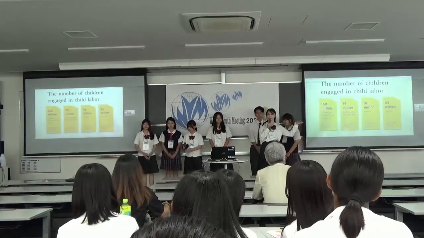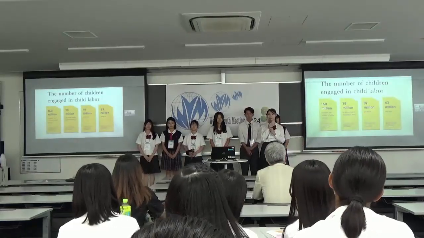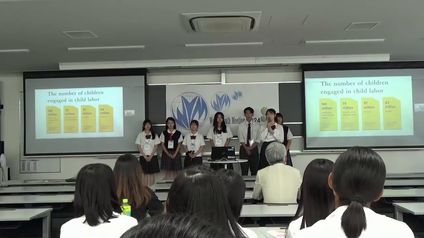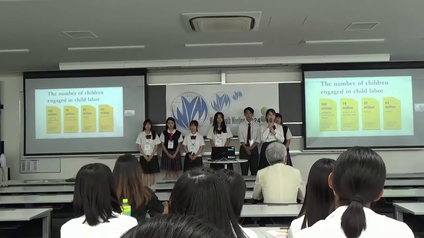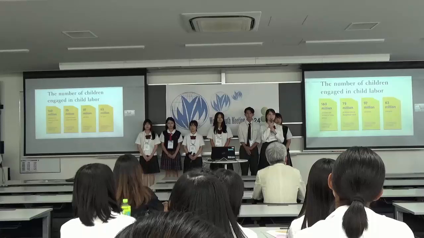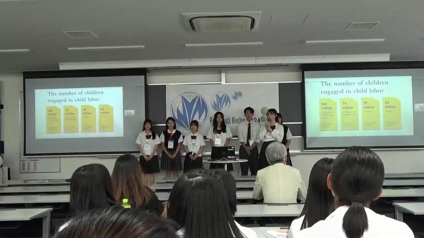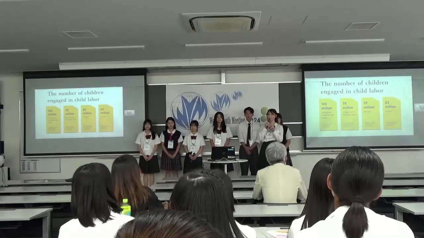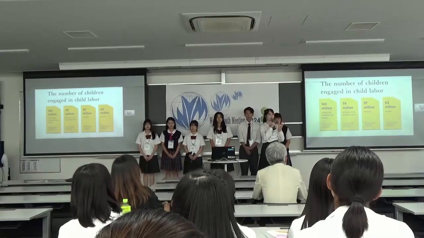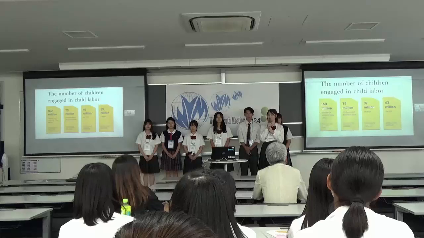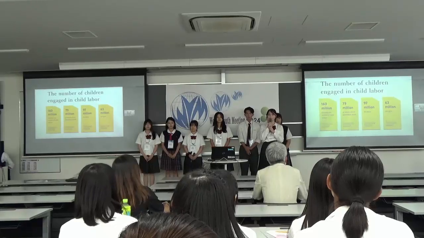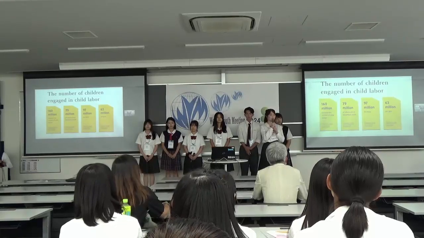This picture shows the number of children who are forced to work. Nowadays, it is said that about 160 million children are working around the world because of poverty and the coronavirus. That means 1 out of every 10 children in the world.